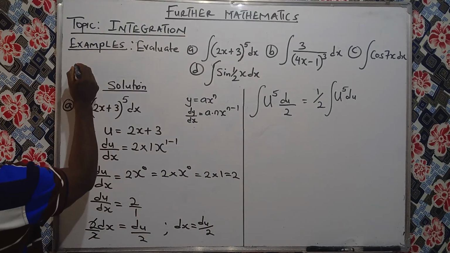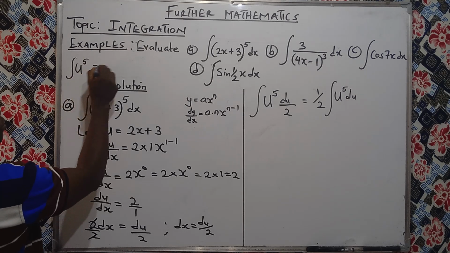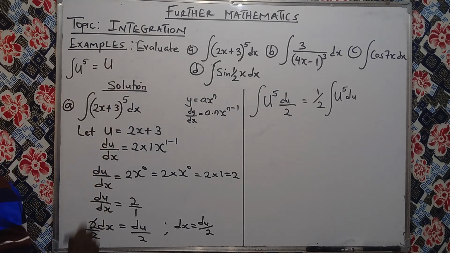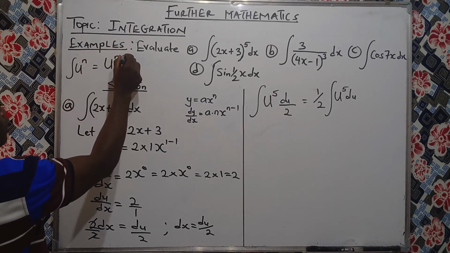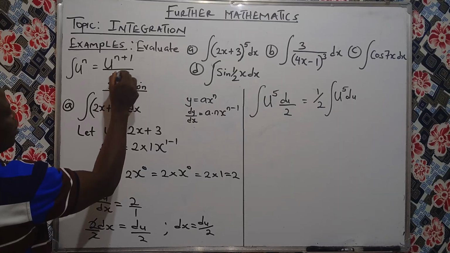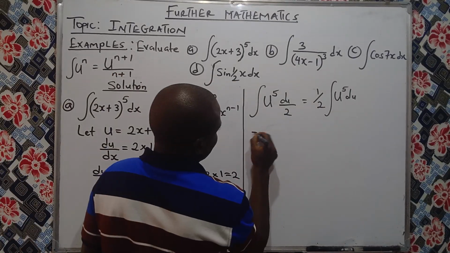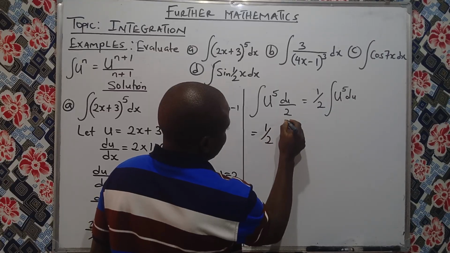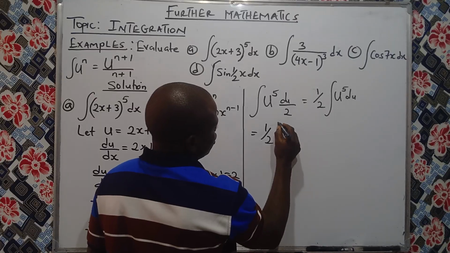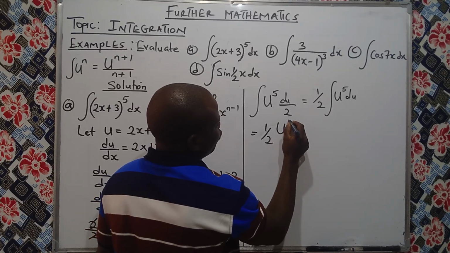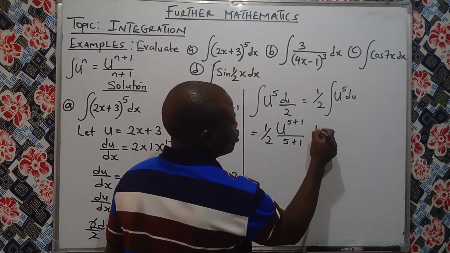Now let's say you're having integral of u raised to power 5. It will now be, let's say u raised to power n, for example, it will now be u raised to power n + 1 over n + 1. I'm going to follow that formula, which is equals to half u raised to power 5 + 1 over 5 + 1 + c.